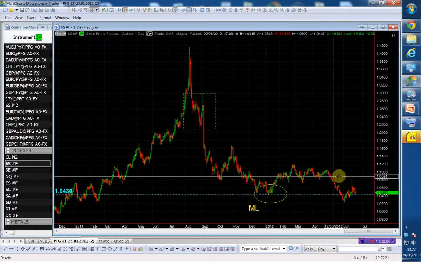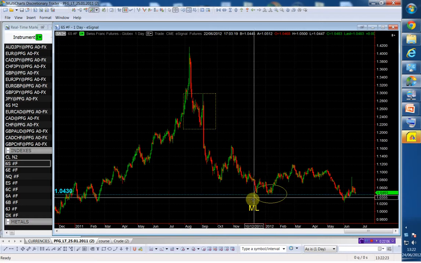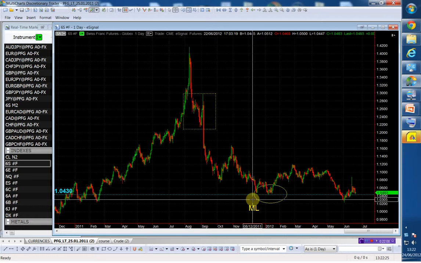We have bounced above the structure point, which is the 104.30, and we have come back and closed the week at 104.83. This is still above the 104.30, so we cannot be bearish on it. We are going to sell the hell out of the Swiss if it trades below the 104.30.